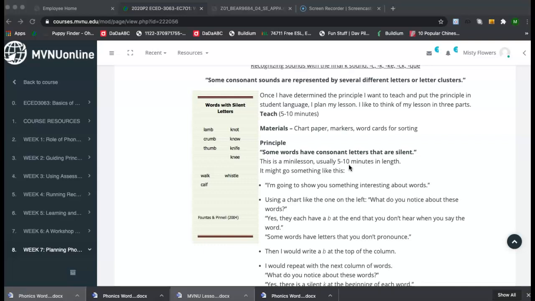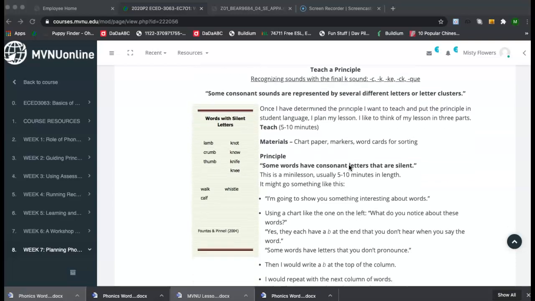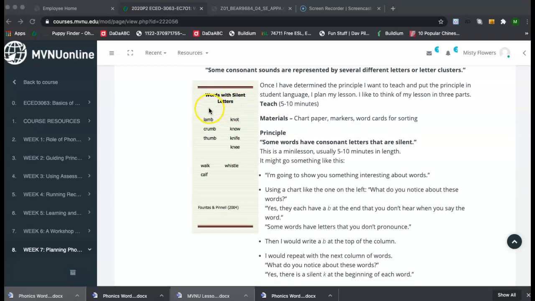So I've already told them my principle, that some words have consonant letters that are silent. Then I'm going to talk about this part of our anchor chart. This is the word lamb, crumb, thumb.